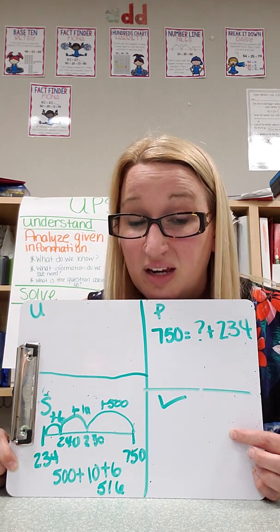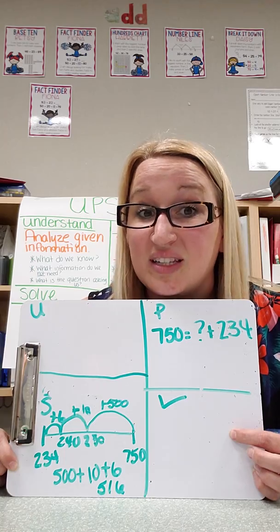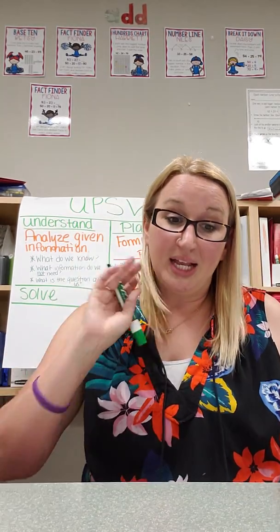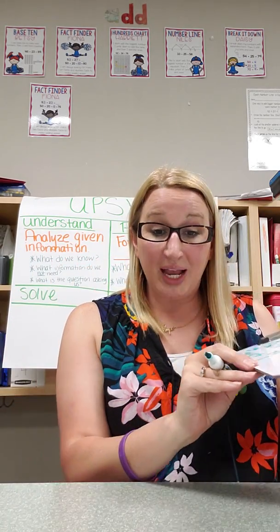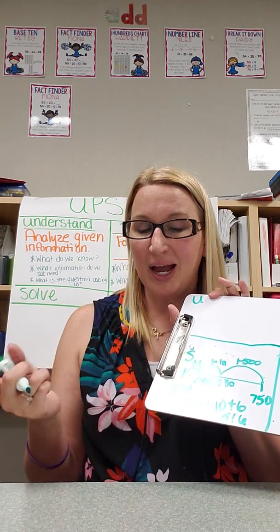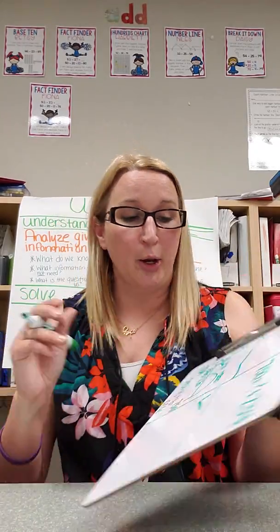Justifying it doesn't mean to always put it in words. Justifying it means to check it with a different solution. So let's think about this. What other strategy might I use? I used a number line here. I might use an equation.